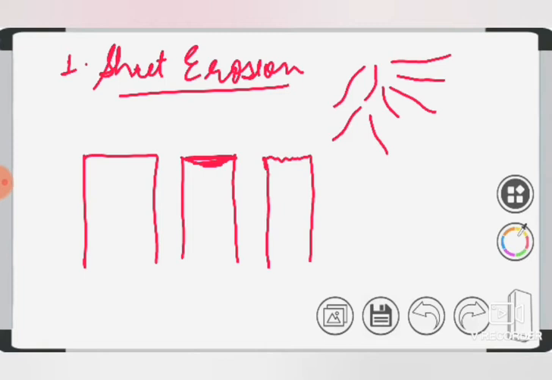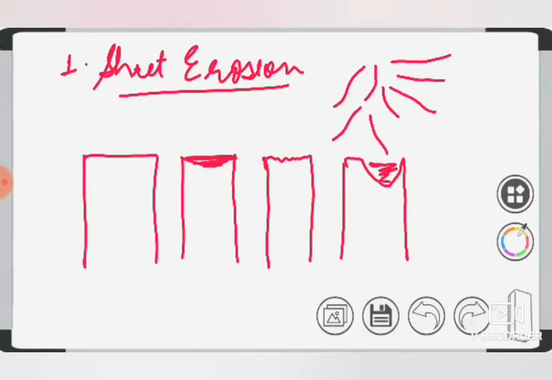The heavy downpour of rain removes the soil cover, and it becomes deeper and deeper. The portion looks like this part is gone. This is the gully erosion.